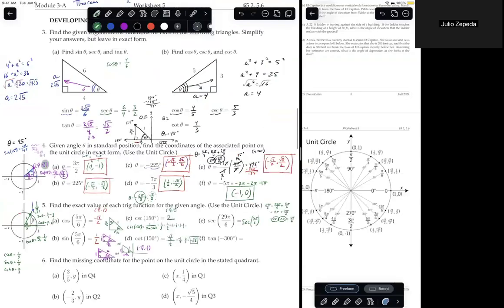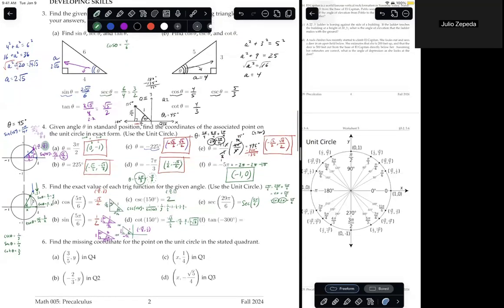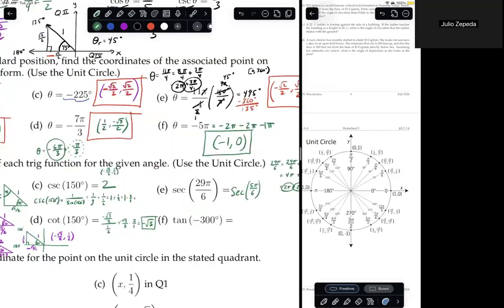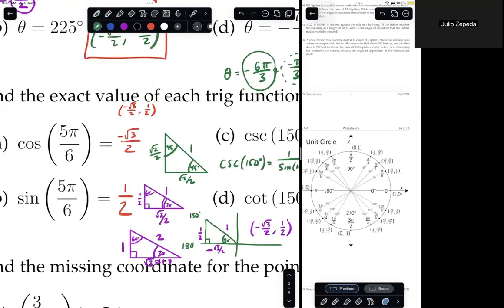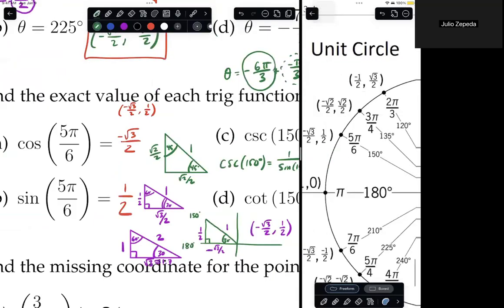Oh, and I never noticed, but all these problems are essentially referring to the same associated point. 5 pi over 6 we've already talked about here, and 5 pi over 6 is the same as 150 degrees.